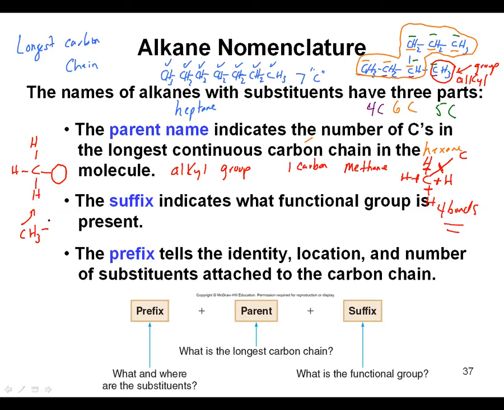And this CH3 part is an alkyl group. An alkyl ends in YL, so it goes from methane to a methyl group. We drop the last part of methane and put YL to indicate that it's a group. It has one less hydrogen than methane, and that one less hydrogen gives it a place to connect without having too many bonds. Any questions on that?